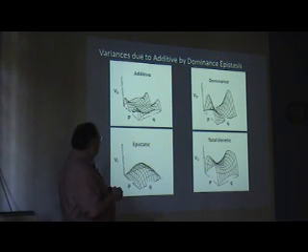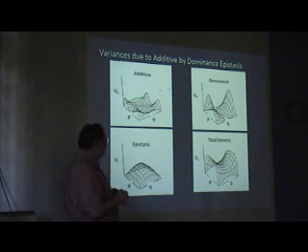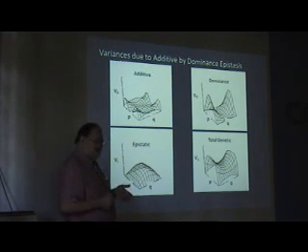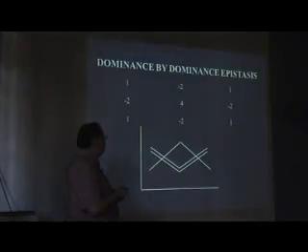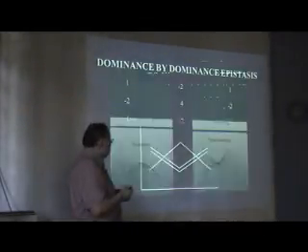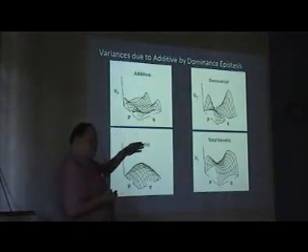It can produce amounts of additive variance as well. Again, these are all drawn to the same scale, so you can see the amount of additive variance it produces is potentially much less than additive by additive epistasis. It's an important distinction between them. This is additive by dominance epistasis.